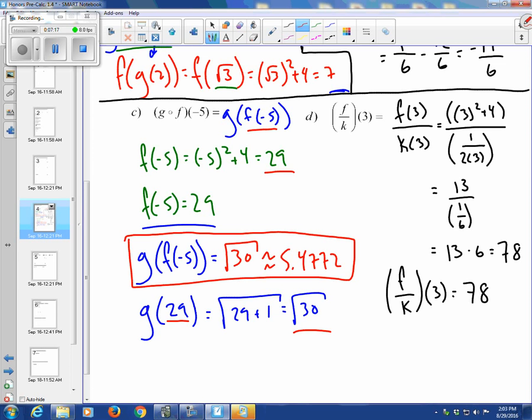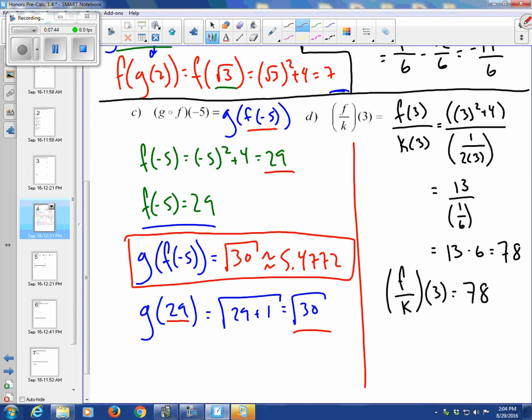So right here we've got g of f of negative 5 as the square root of 30, or approximately 5.4772. Okay, so looking at our next one, we've got f divided by k of 3. Again, right here I said just evaluate them individually, and then combine those numbers. So right here we've got f of 3 divided by k of 3. F of 3 is 3 squared plus 4, divided by k of 3, which is 1 over 2 times 3.